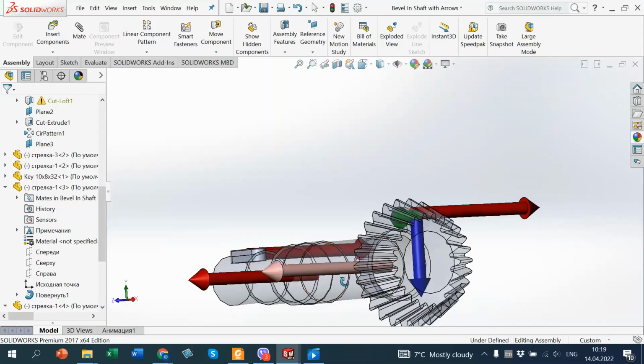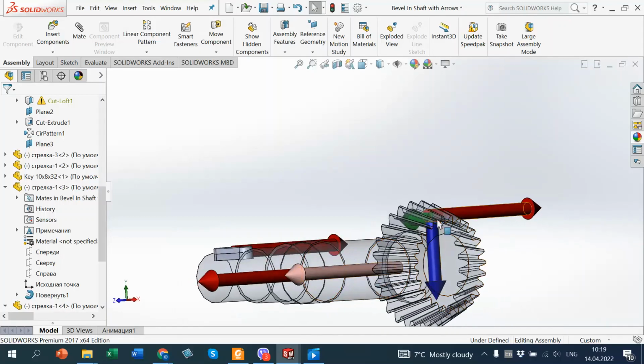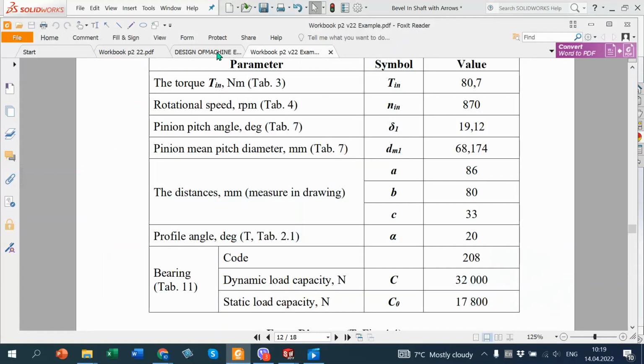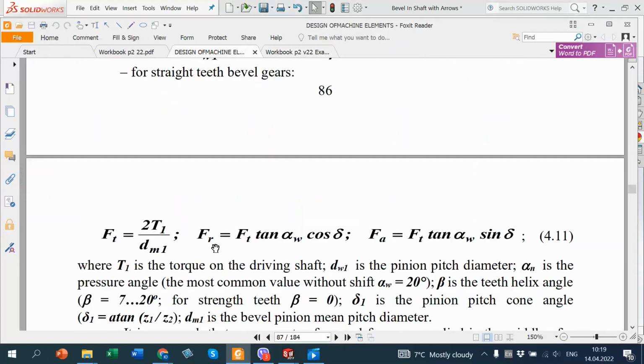Then radial force, I said, is directed to the center of rotation, and value of radial force is Ft tangent alpha cosine delta.